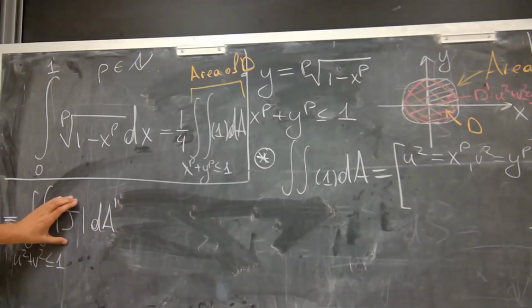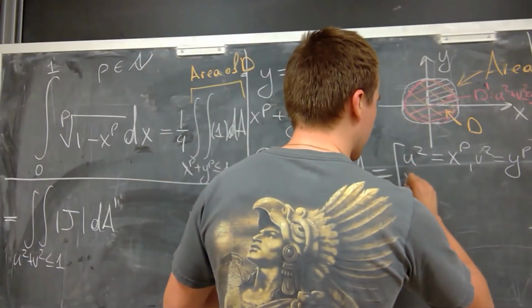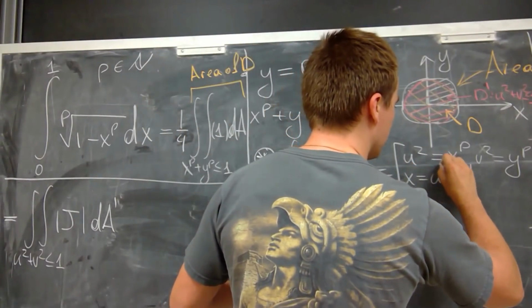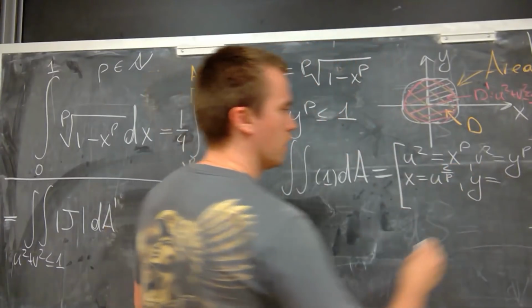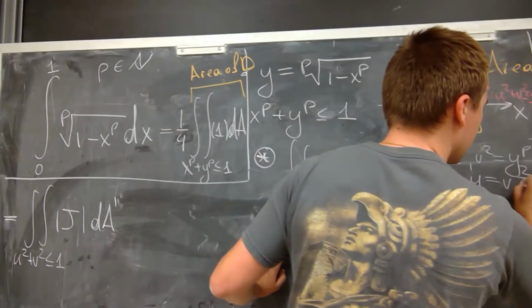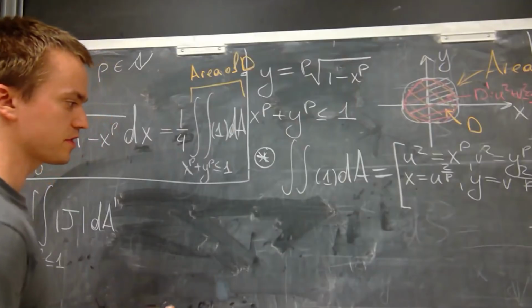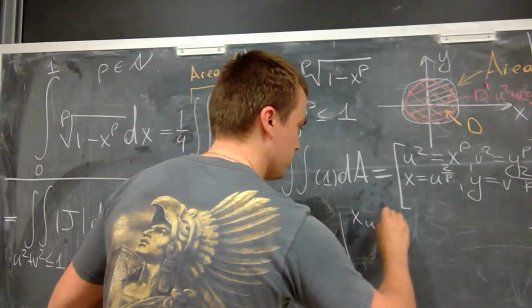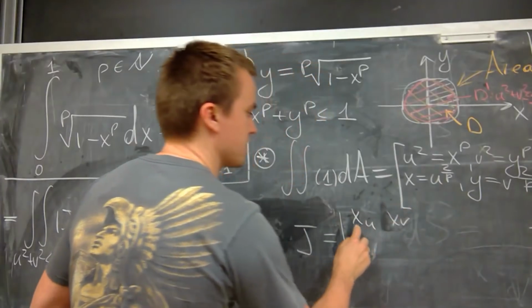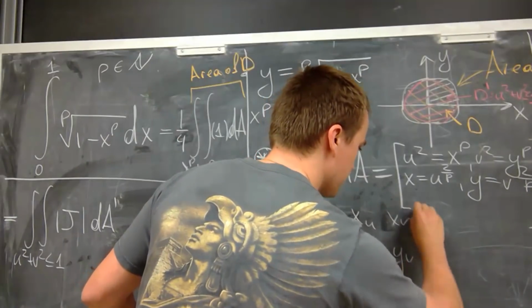So let's find our Jacobian. First I need to solve this in terms of x. I will have that x equals u to the 2 over p, and y is going to be equal to v to the 2 over p. So my Jacobian is going to be represented in the following form: x partial u, x partial v, y partial u, y partial v.